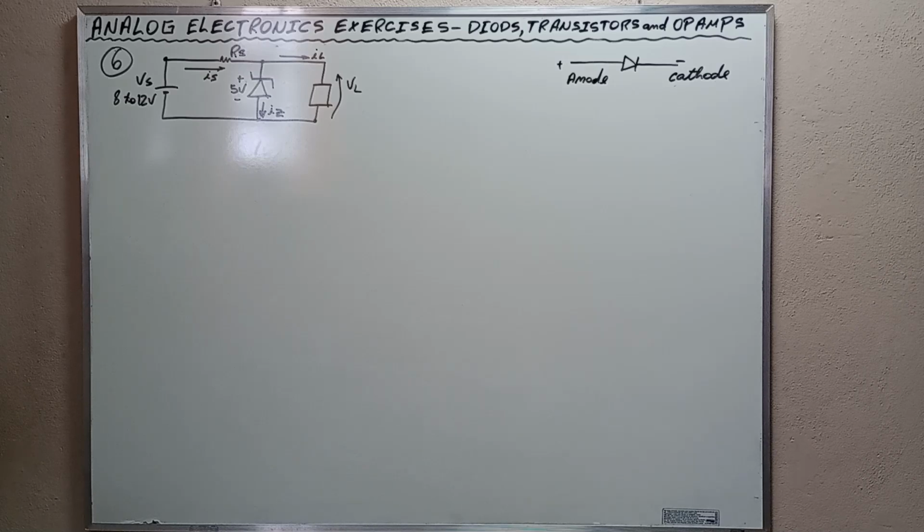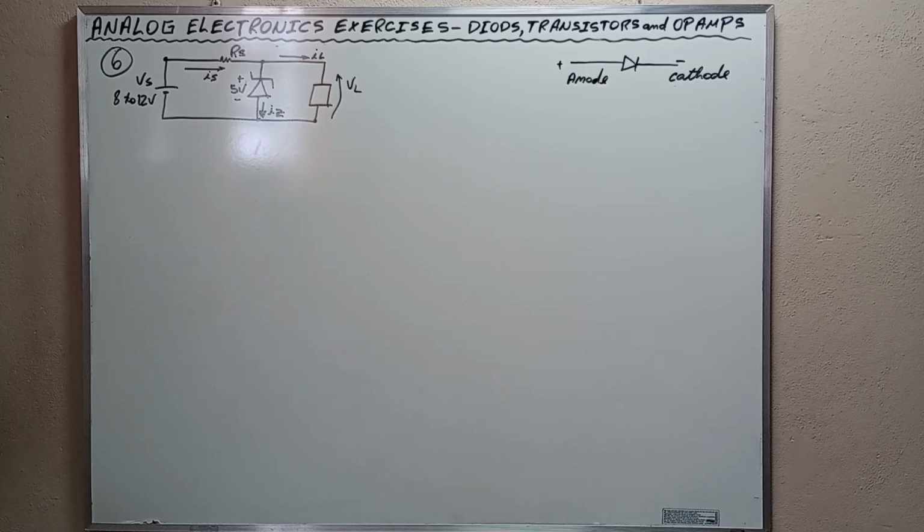Assuming that the zener is ideal, determine the largest value allowed for the resistance Rs so that the load voltage VL remains constant with variations in load current and source voltage. Also determine the maximum power dissipated in Rs.